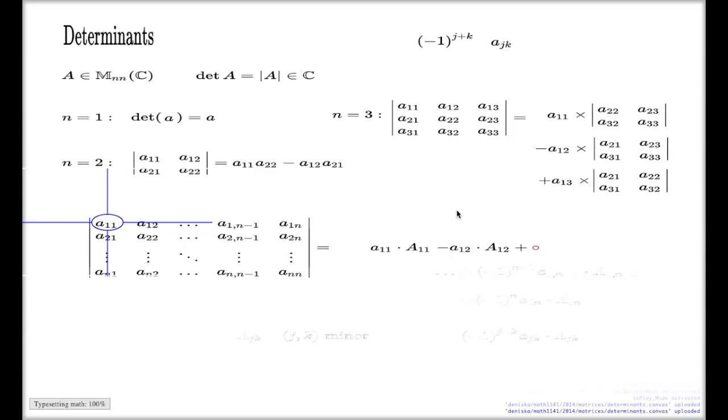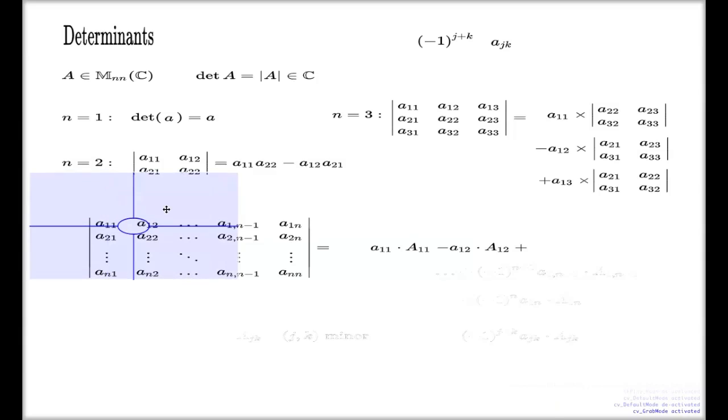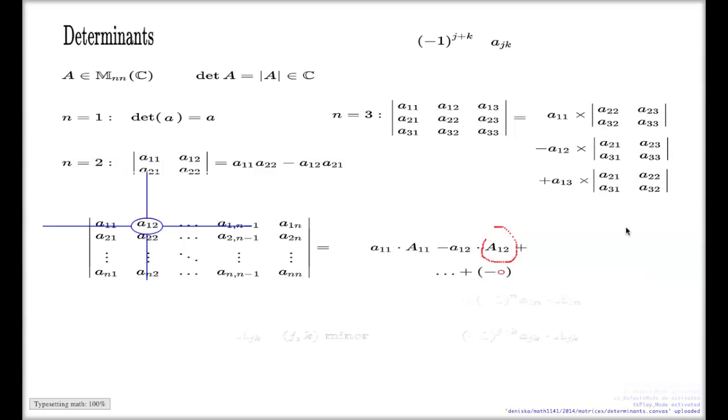Next, we go with the minus. So when you move your cross to the second element in the first row, the remaining bit underneath will be the content of your minor, and that's the name for that minor, A12. You have many other terms like this.